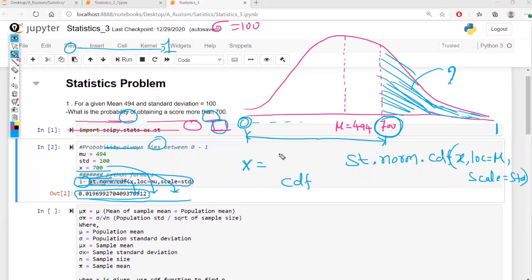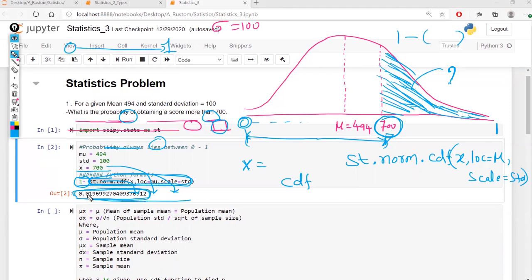But the problem statement is obtaining a score greater than 700. So I need this portion's probability. So I will say 1 minus whatever data I get here. 1 minus this probability, which gives the portion up to this point, subtracted from 1, gives me this probability.